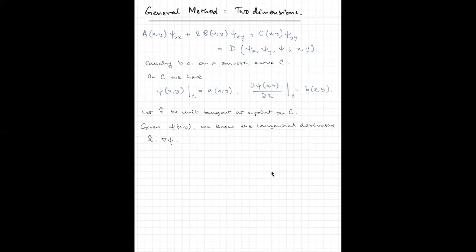Now, if we also assume that the boundary conditions a of x,y and b of x,y are infinitely differentiable along the curve, then we know all order tangential derivatives of psi x and psi y.